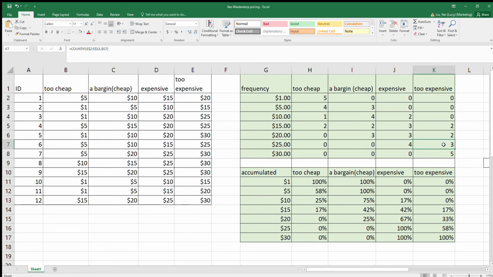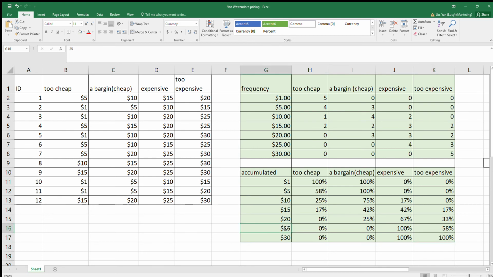If I'm one of the people who think $25 is too expensive, of course if you offer $30, that's even more expensive. So I should be counted in here. So here you just count upwards: anybody who thinks $30 or any price lower than $30 is too expensive should be counted over here. That's everybody, so 100%.